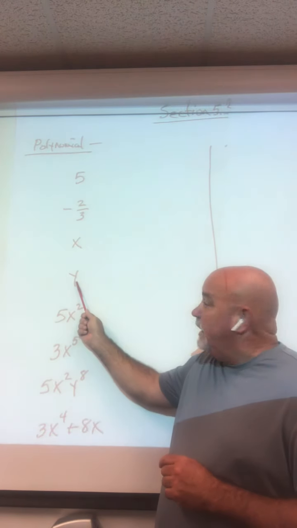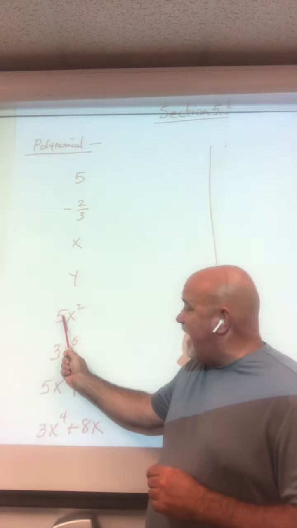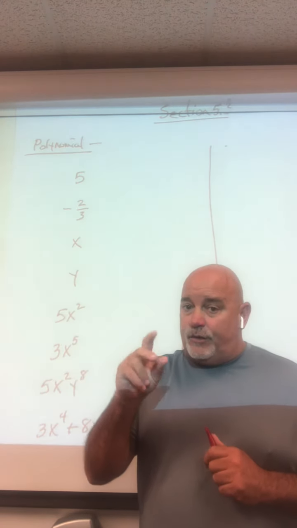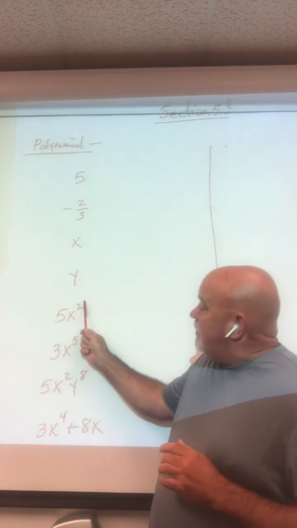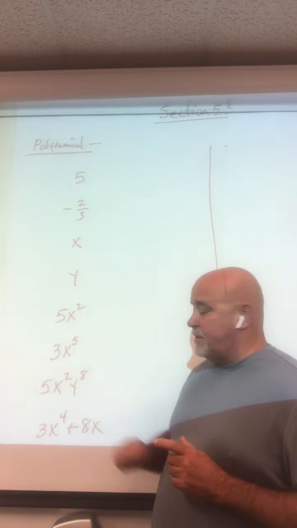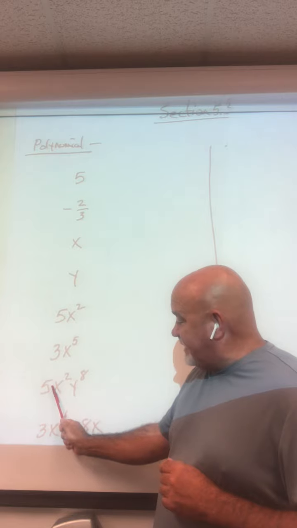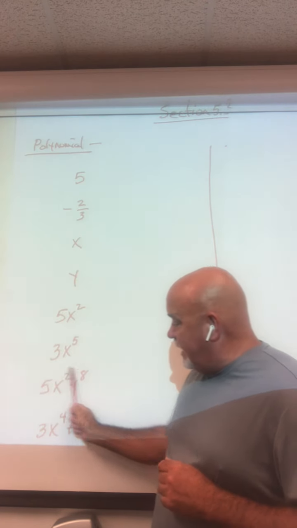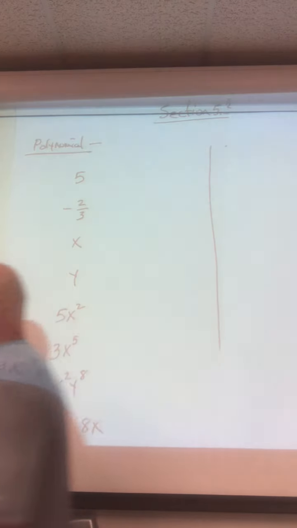Yes. 5x squared, that's 5 times x squared. We said you can multiply numbers and letters, and you can add them and subtract them, as long as the exponent's positive. That's a polynomial. This is a polynomial. This, right here, 5 times this times that. That is a polynomial. Positive exponents only.